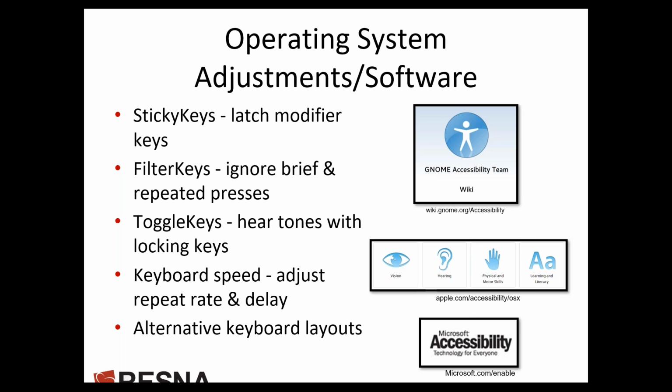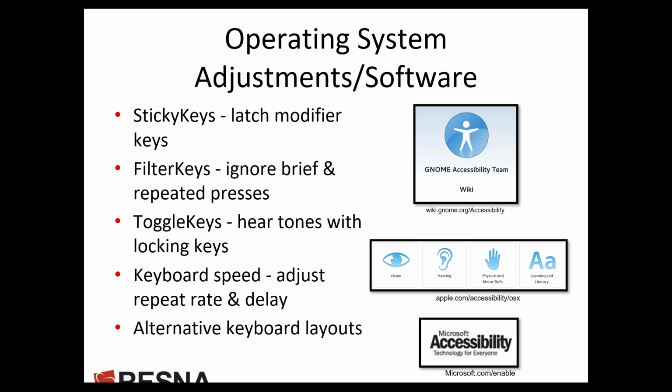Repeat keys is another version that adjusts that auto repeat. So the automatic repeating speed can be slowed down, or the repeat feature can be eliminated entirely. You've got slow keys, which is a delayed acceptance.